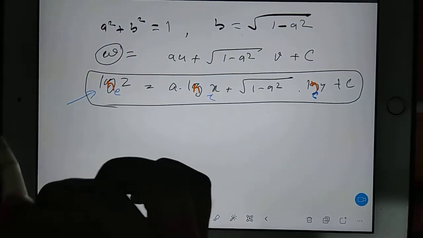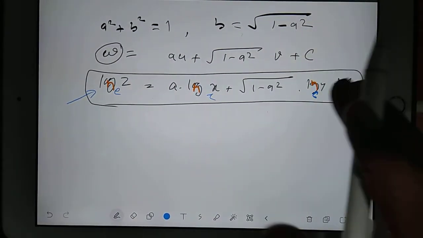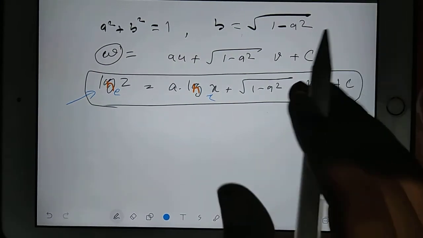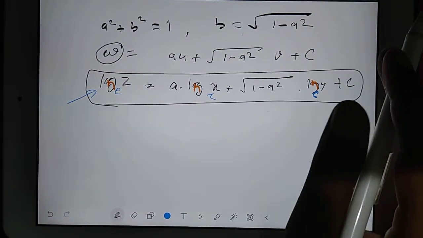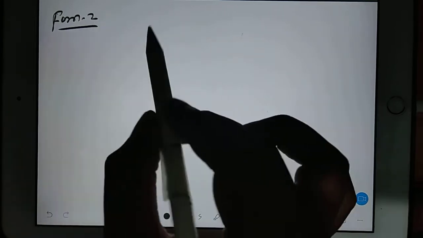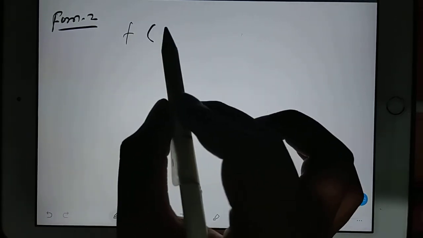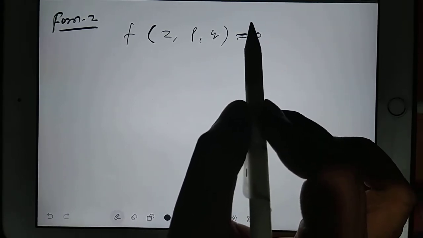Now you have one more format where Z can also come, P can also come, Q can also come. I'll change the page. Now form 2. In form 2, suppose you have a function f(z, p, q) is equal to 0.